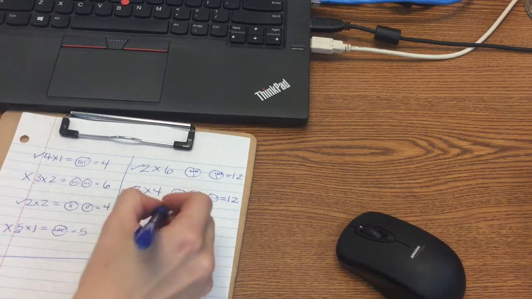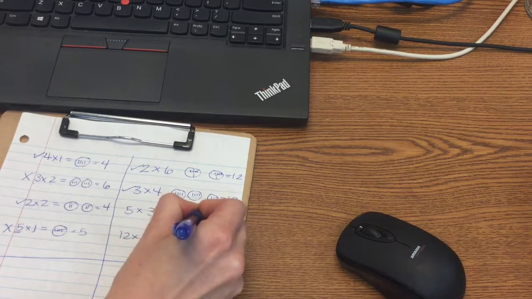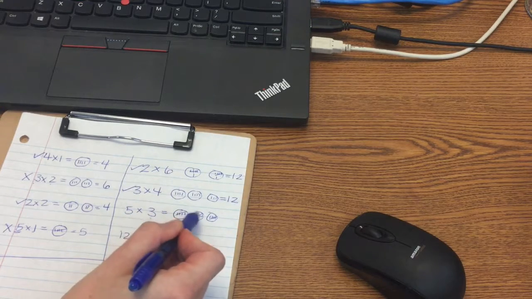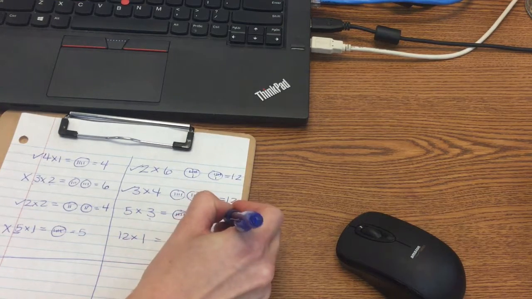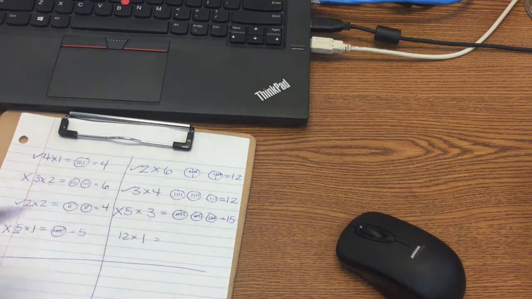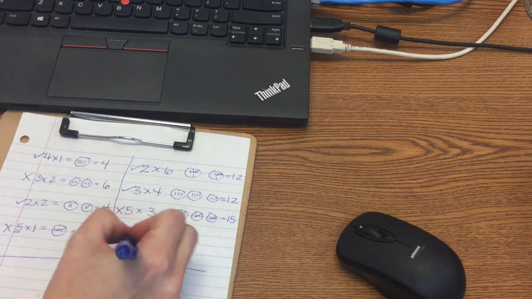So I'm going to do 3 times 5. Find my smaller number of 3. Put my larger number of 5 in each group. Count by 5s. 5, 10, 15. That one did not have a product of 12, so that one's incorrect. Last one, I'm going to solve it to the very end because this one might be correct too. I have 1 times 12.